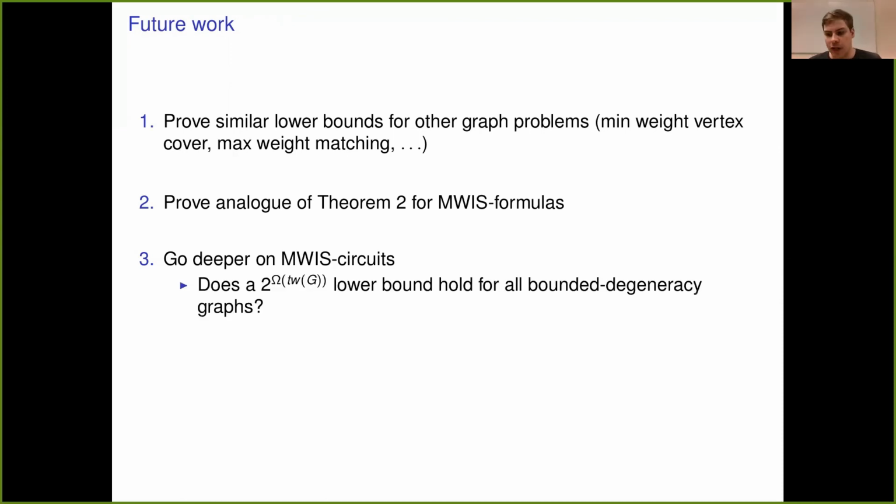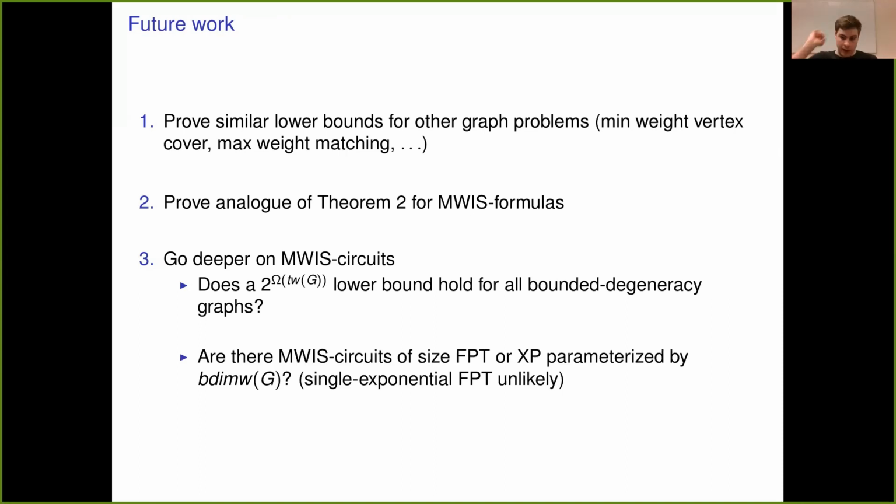Some concrete problems would be: I proved lower bounds that are linear in treewidth for quite large classes of graphs that are sparse and all have bounded degeneracy. So one natural question is, do we have an exponential lower bound in treewidth for all bounded degeneracy graphs? I don't know if we have or not.